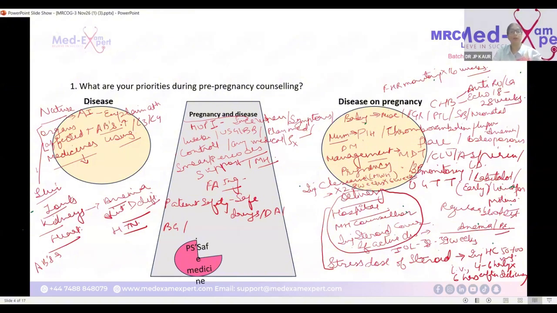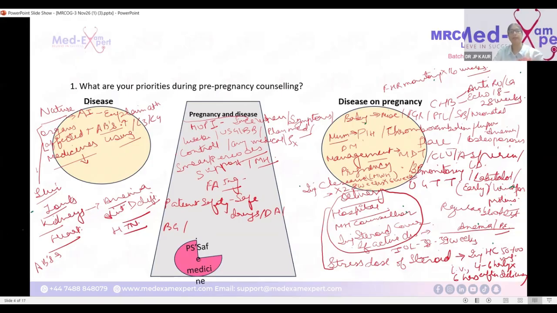Oral glucose tolerance testing will be done early, and a late testing will also be repeated. Urine will be monitored for proteins, right? Regular blood testing will be done to check for any relapse, right? For the delivery part, so this is all you need to cover in the first question, okay?